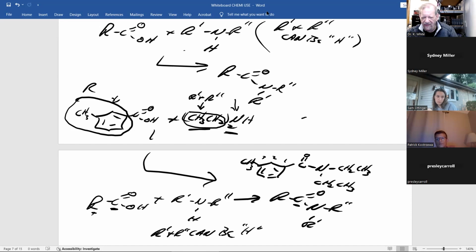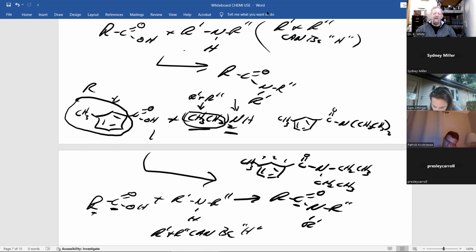Or this way, which most organic chemists being lazy like myself would, and either way would be correct on a test. Now, why did I pick this product?